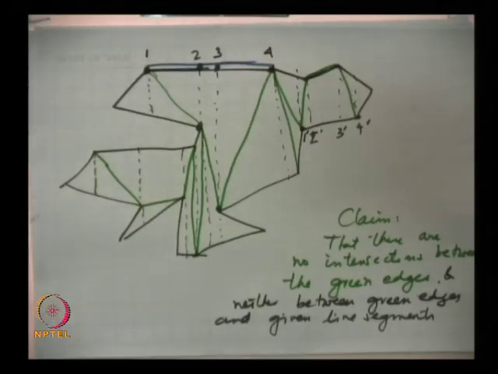Exactly, the trapezoids are completely non-overlapping. So, when I am drawing a line segment, it is completely confined within the trapezoid, right. So, there will not be any intersections, all right.